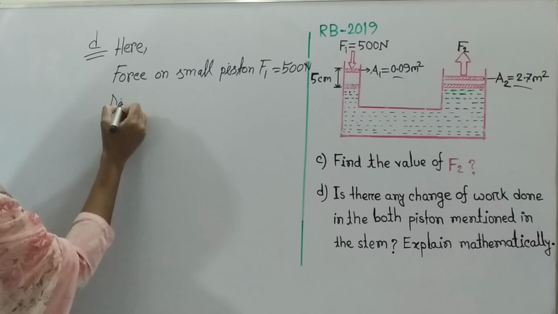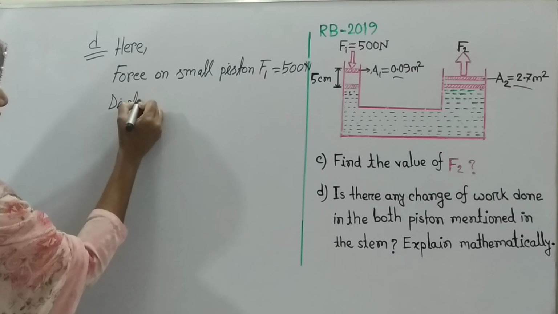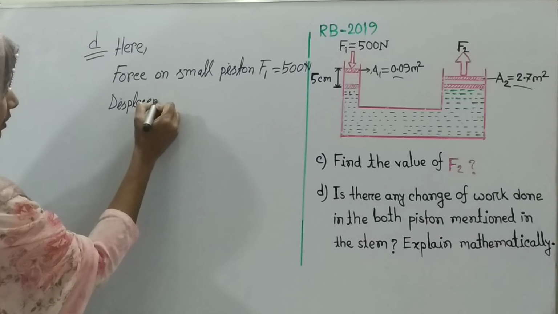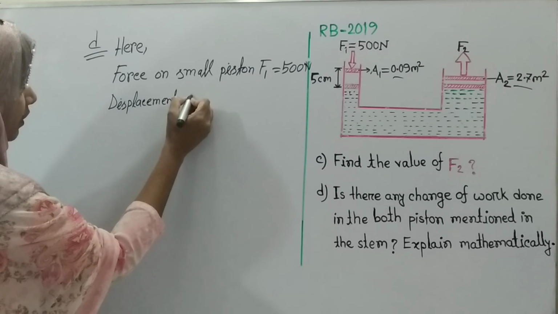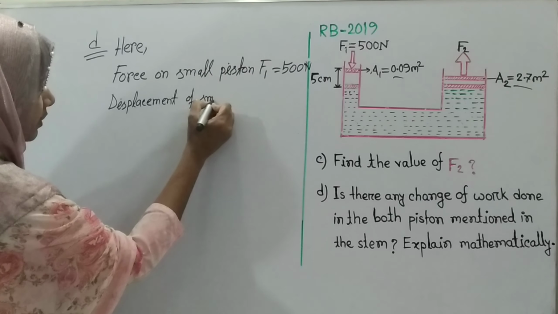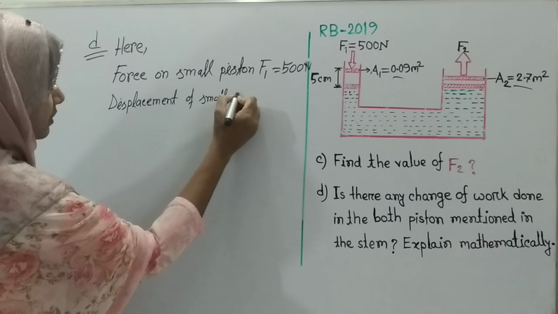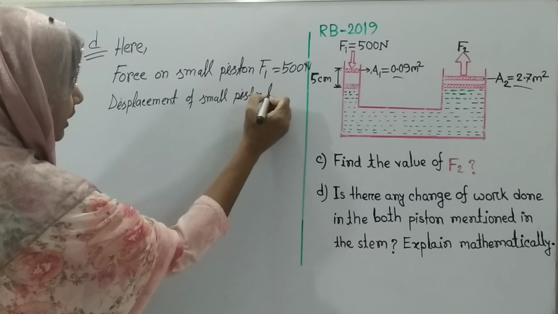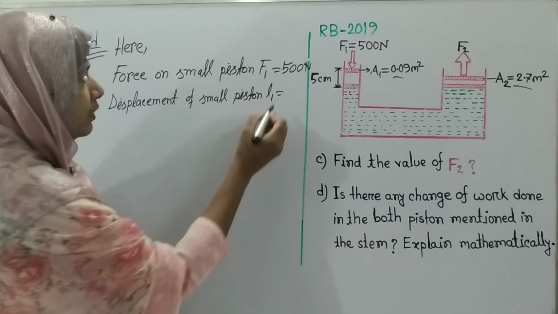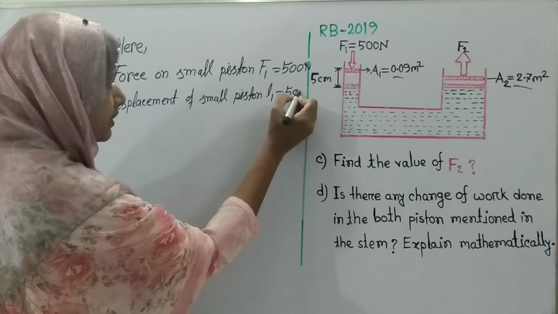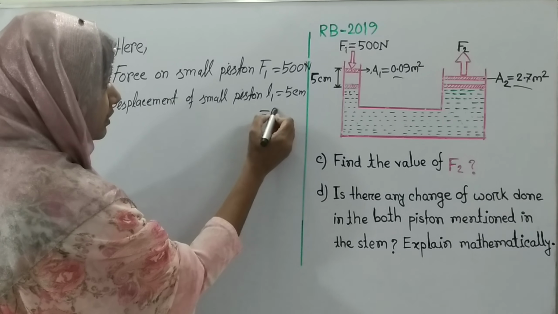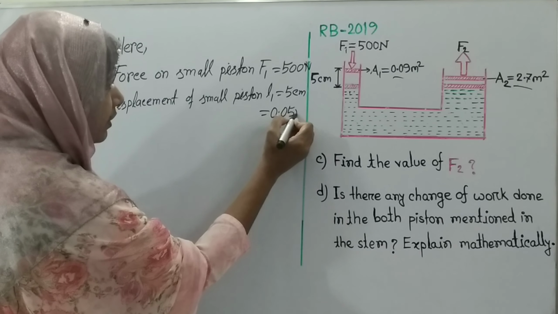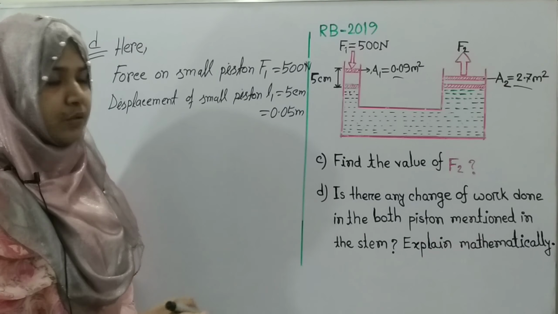Displacement of small piston L1 equals 5 centimeter. That means 0.05 meter. You know that to convert centimeter to meter we have to divide 5 by 100.